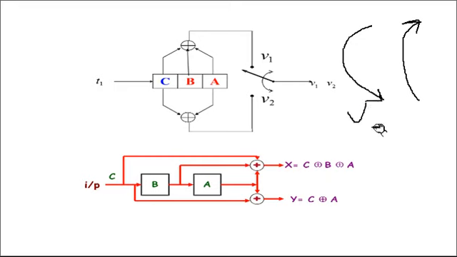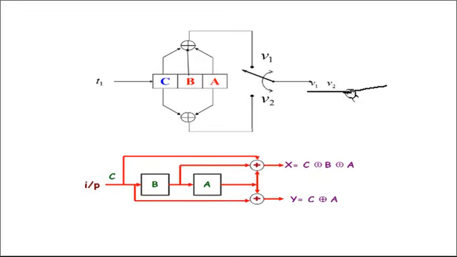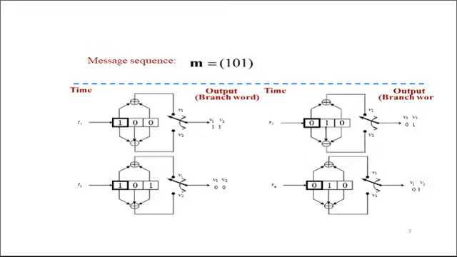Right now it is the sequence V1 V2. If someone goes in the opposite direction, then it will be V2 and V1. So this is the simplified output structure, and here also you can observe that it is V1 V2.